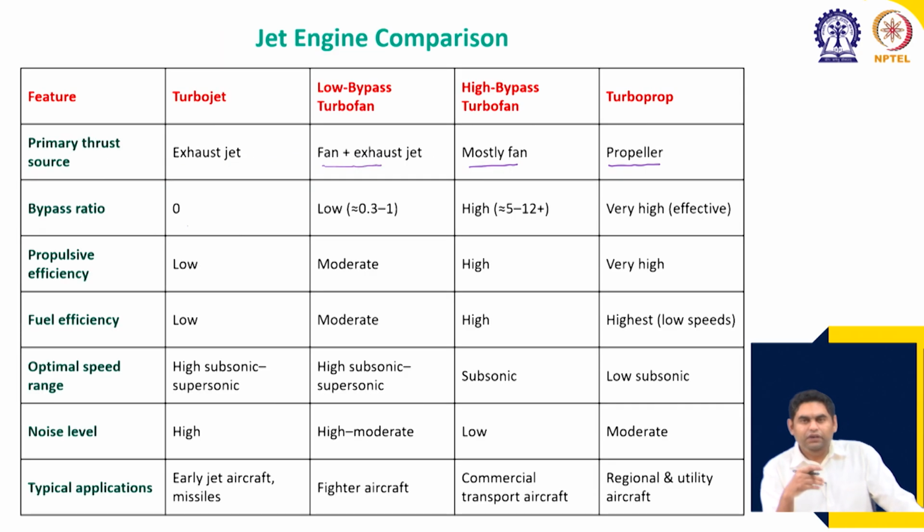Okay. We will still study a few more types of jet engines like ramjet, scramjet, pulsejet, etc. But these are the main types that we have discussed today. That is why we have done a comparison with these, because almost always you will find that these are the types that are used in the aviation industry.